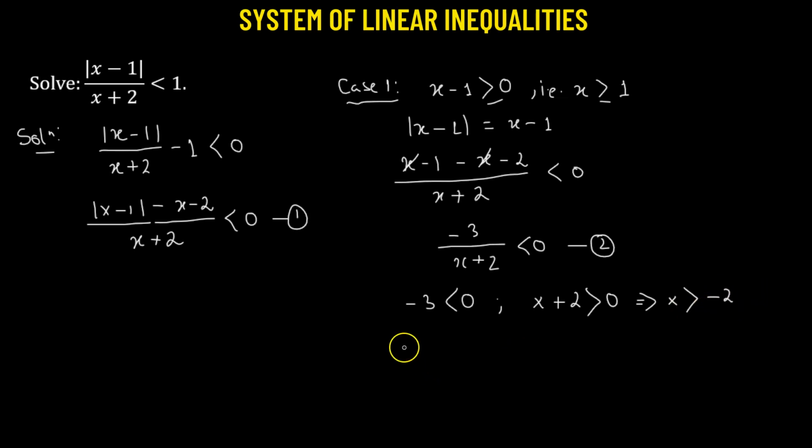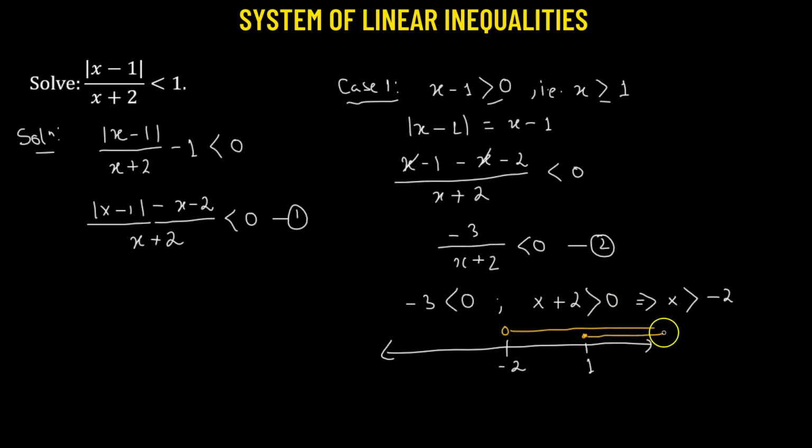So let's sketch this on a number line. On the number line we will have negative 2. Our solution will lie to the right of x equals negative 2, but x equals negative 2 is not a part of the solution. So this is the region, and here we also have considered that x is greater than or equal to 1. So we'll have to take into account the fact that the value of x must also be greater than or equal to 1.